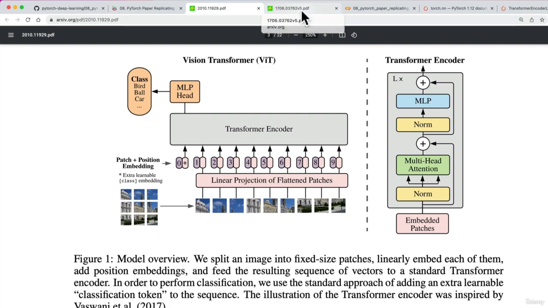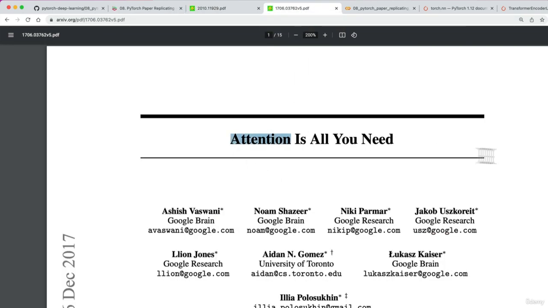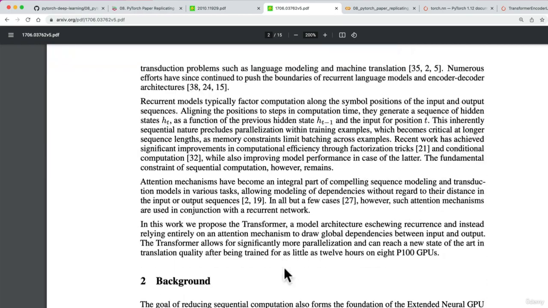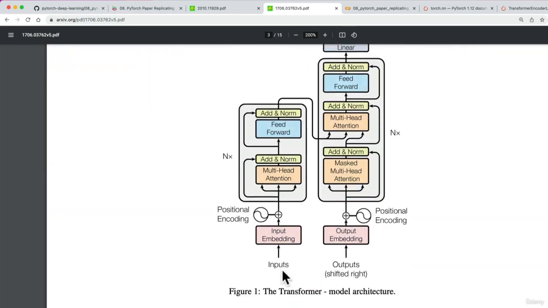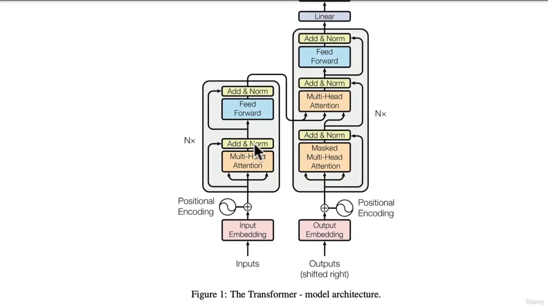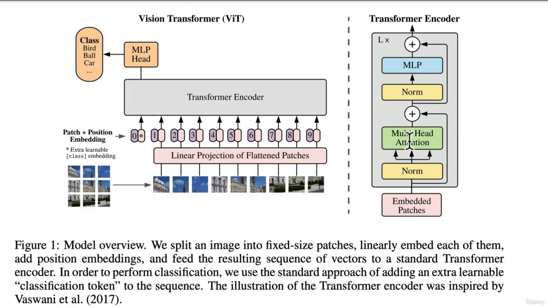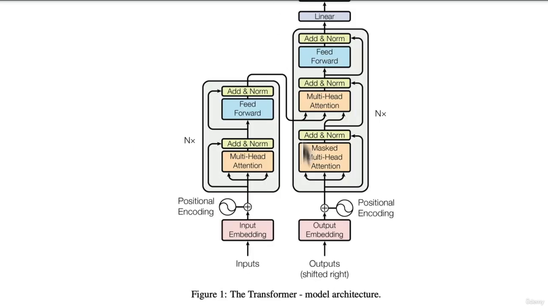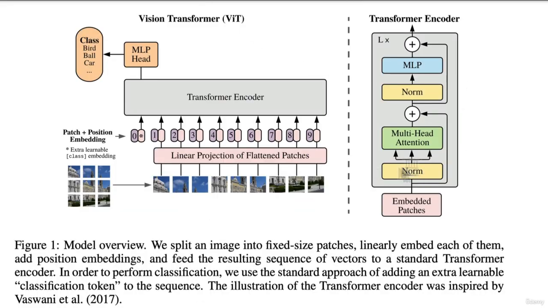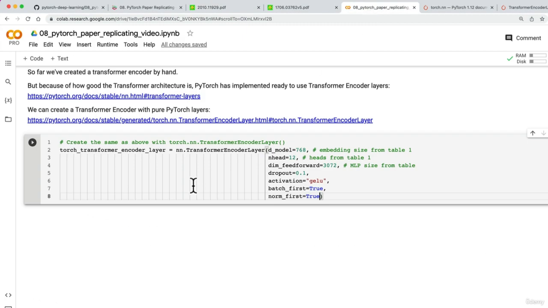The reason why it's by default on false is because if you go into this paper, I believe their architecture, the original transformer, did it after. So this is the original transformer encoder. Now if we compare, they've just switched these around. Now I'm not 100% sure behind the reasoning of that, but in our case, we're focusing on replicating ViT. So it's not too dramatic of a change. We're just doing one layer after the other. We're just mixing the order around.